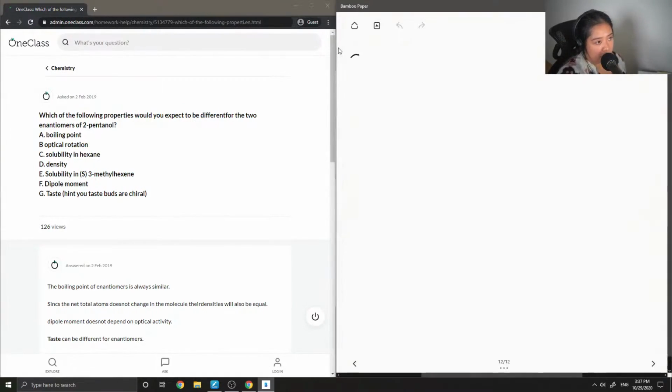Okay, so this is question number 2. I'm just gonna make some comparison table. So I'll put on the left the same properties for 2 enantiomers.